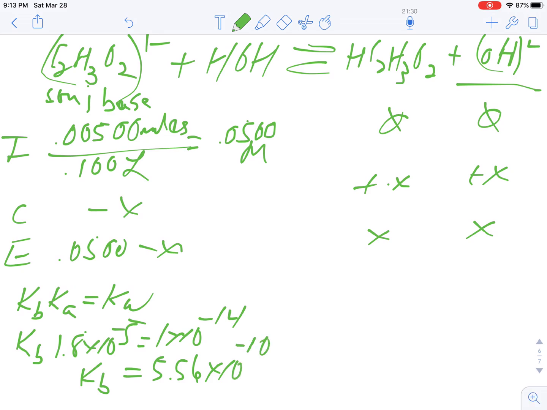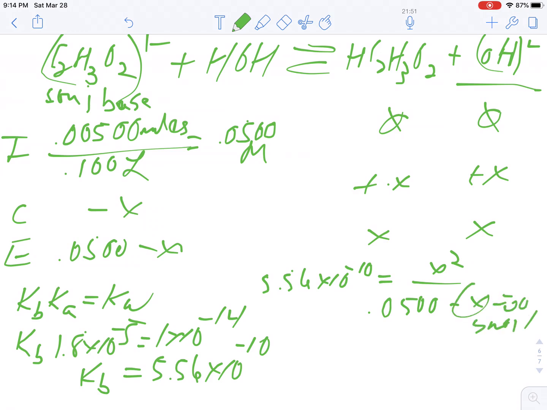And then I'm able to go ahead and do my Kb problem. So I get 5.56 times 10 to the negative 10th is equal to x squared over 0.0500 minus x. That one's too small. So we solve for x. And I get 5.27 times 10 to the negative 6th.